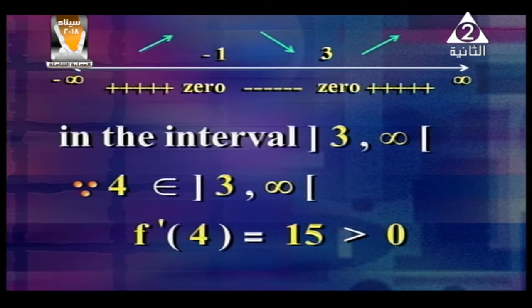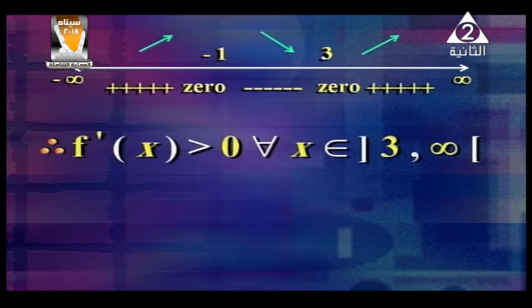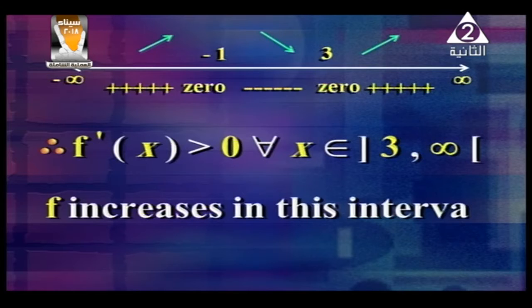What do we deduce? The behavior is increasing. Then we say that f'(x) is more than 0, or positive, for all x belonging to the open interval (3, infinity), so the function increases in this interval.